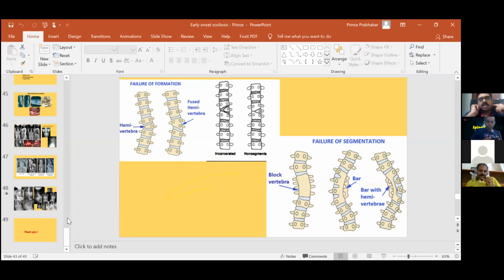Dislodgement of the hooks, and usually these children are very thin also, so the tip of the rod protrudes through the skin, that is another problem. And if the patient has got a significant hump also, you have a lot of difficulty when the convex rod is contoured. Usually that will also cause a painful area as the child grows.